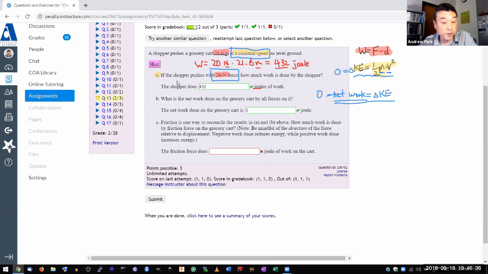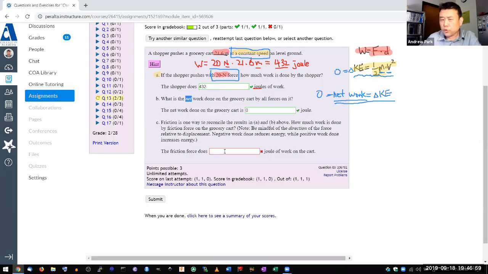In A, you recognize that the shopper does work, force times displacement, that's 432 joules of work. In B, despite all the work being done by the shopper, the net work being done on the cart is 0. So something is doing negative work, so that all the work done adds up to 0.